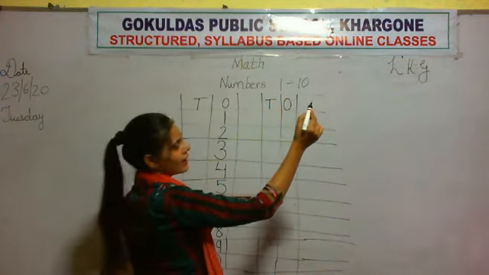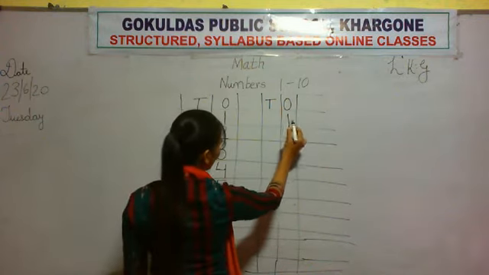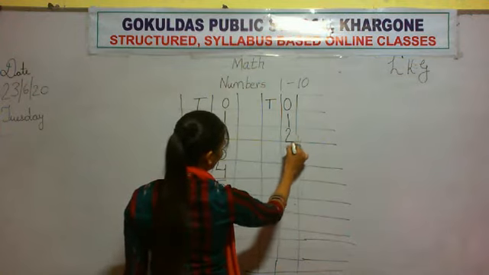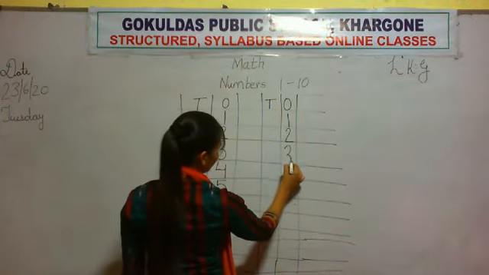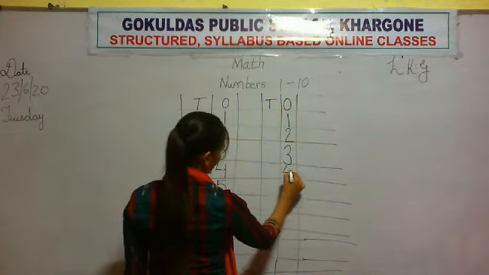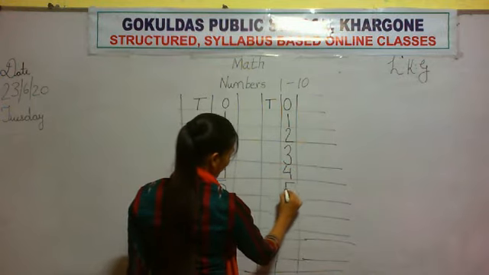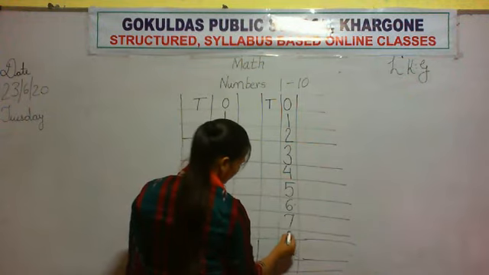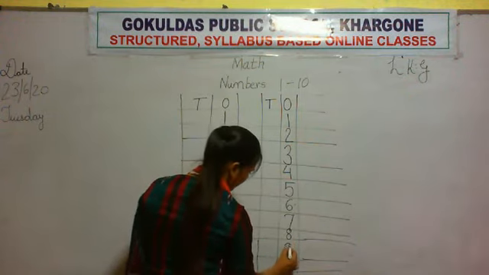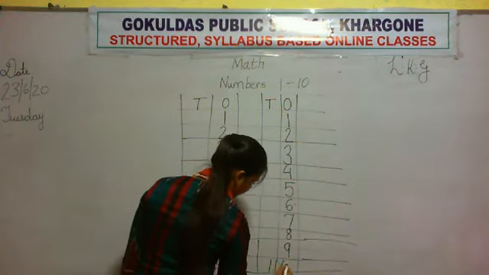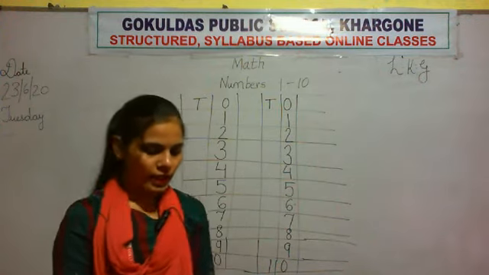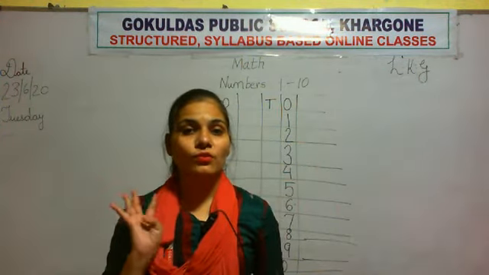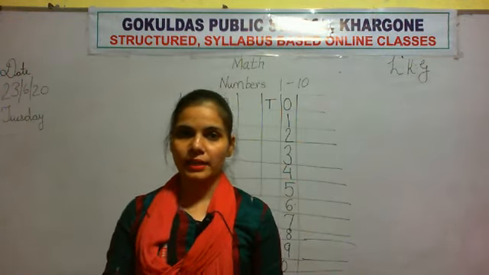Okay, again write with me. 1, 2, 3, 4, 5, 6, 7, 8, 9 and 1, 0, 10. Okay, in your notebook you write 4 times 1 to 10.